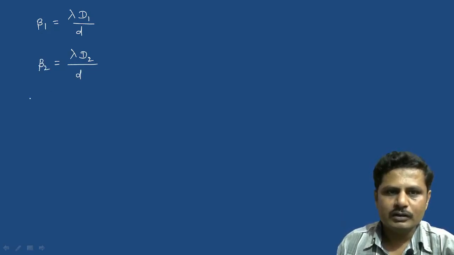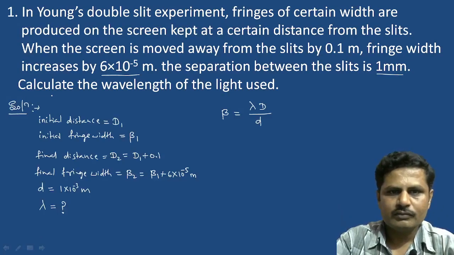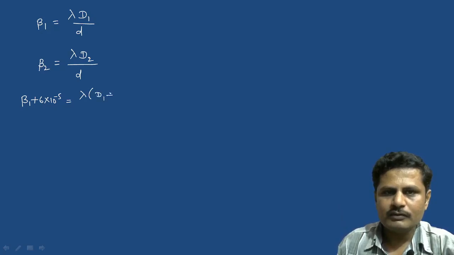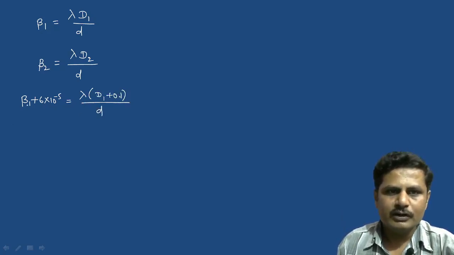We know that beta 2 is equal to beta 1 plus 6 into 10 raised to minus 5 meter. So this equals lambda into d2, where d2 equals d1 plus 0.1 meter, divided by small d.